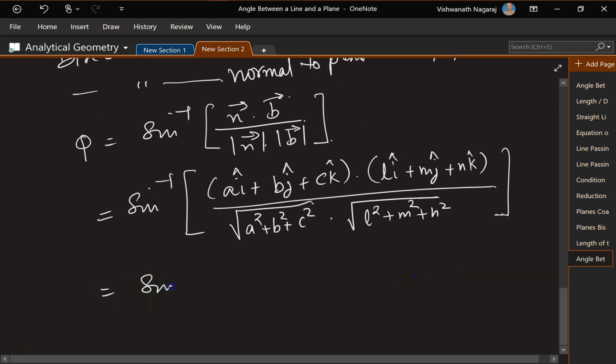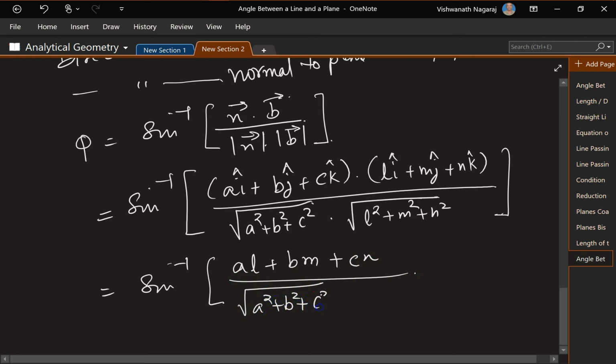Sine inverse of, let's do the dot product, al plus bm plus cn by square root of a square plus b square plus c square times square root of l square plus m square plus n square.